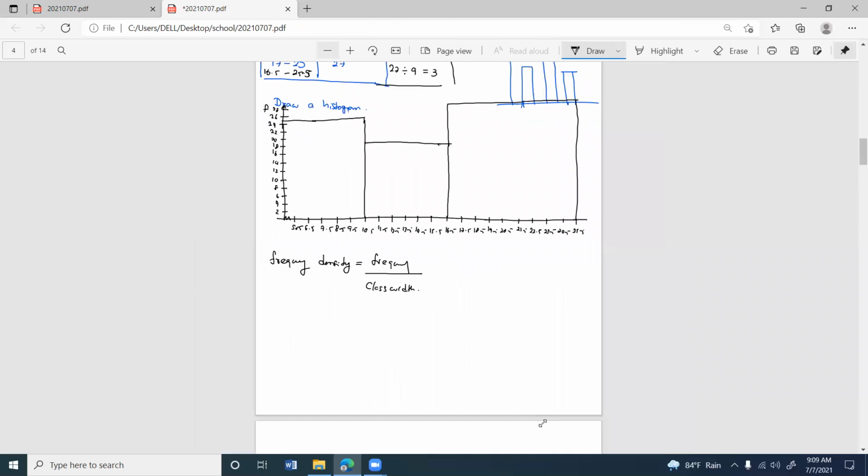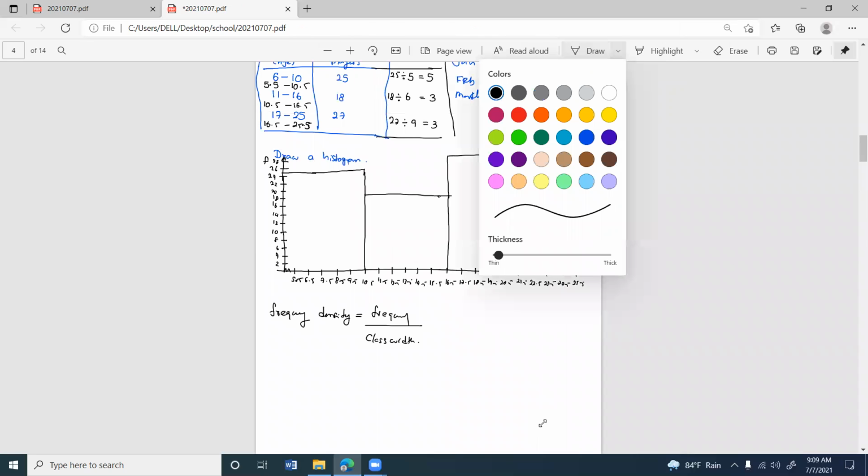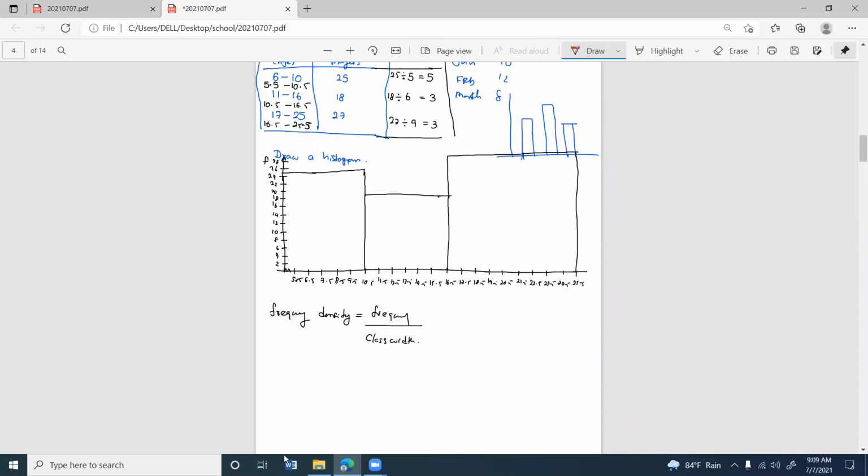That is the actual behavior of this graph. So you can draw this histogram. I'll use a different color, red, to represent it so it's clear. Now we can mark the frequency density. The maximum frequency density is 5: 1, 2, 3, 4, 5. From here you can mark 0.